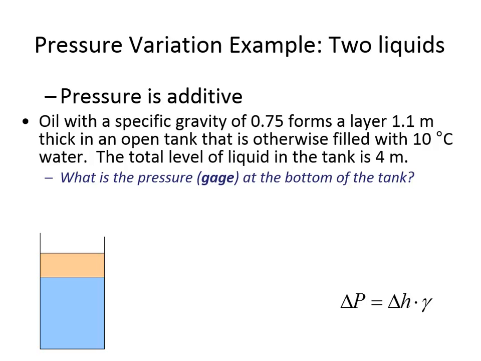Okay, so the obvious mistake you don't want to make is to say that you're going down 1.1 meter and then going down another 4 meters. All right? So what we know is that this distance between this layer and the bottom of the tank is 2.9 meters, is the distance down from the interface of the oil and the water. Oil, water, and the oil was what had the unit weight of 7357.5.